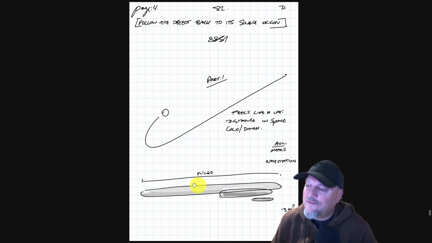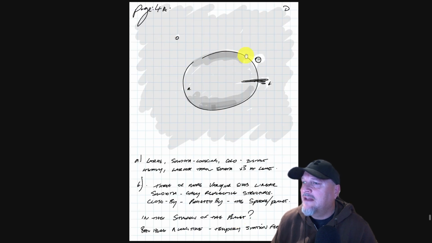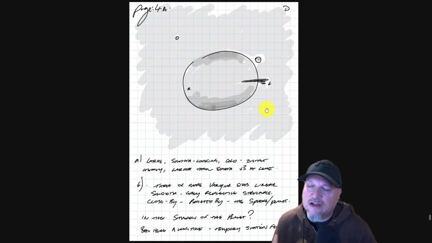And I had this flash visual of 3 huge objects here. So then I expanded that out. And I felt like there was a planet with these 3 huge objects. I would have to say craft-like, cigar-shaped objects that were in the vicinity of the planet. And the planet had at least 2 moons.